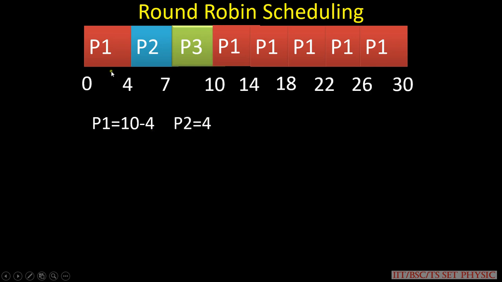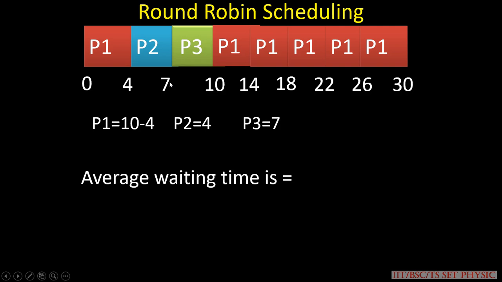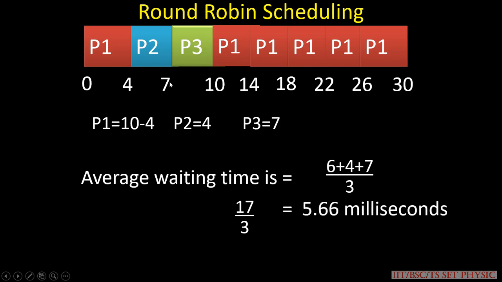P2 started at 4 milliseconds, so it waited up to 4 milliseconds. P3 started at 7 milliseconds, so it waited 7 milliseconds. The average waiting time is P1 plus P2 plus P3 divided by 3, which is 6 plus 4 plus 7 divided by 3, the value is 17 by 3. So the value is 5.66 milliseconds.